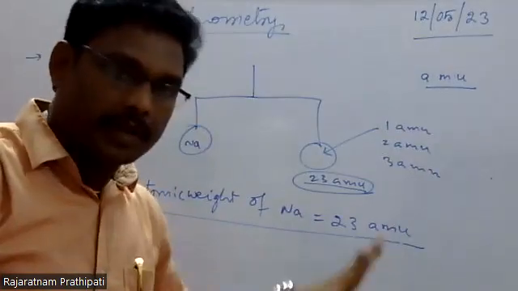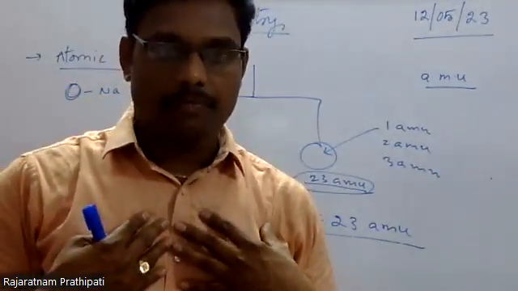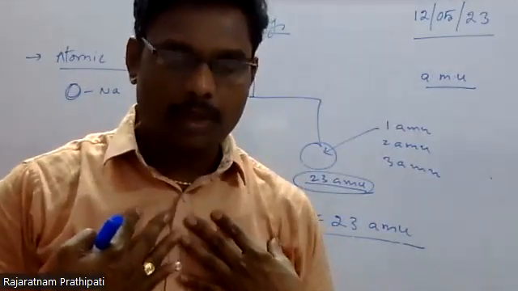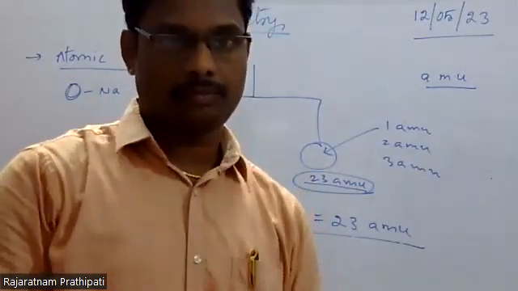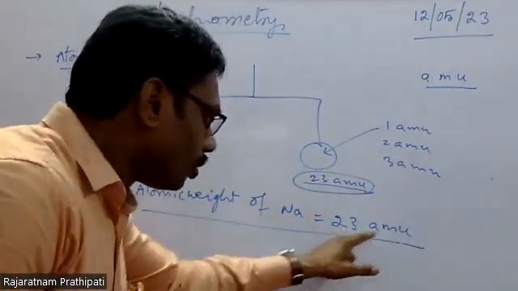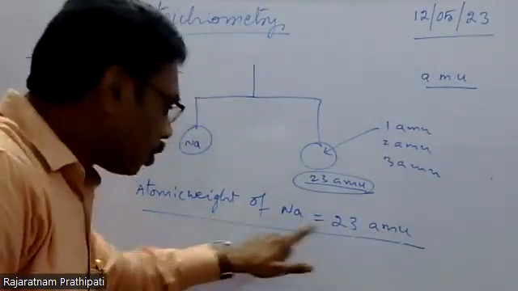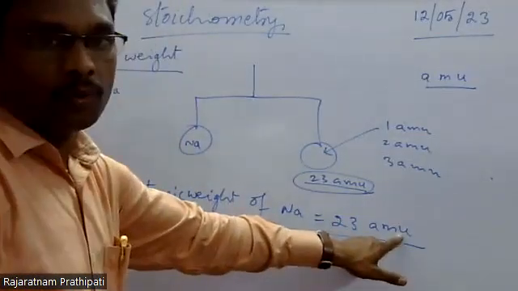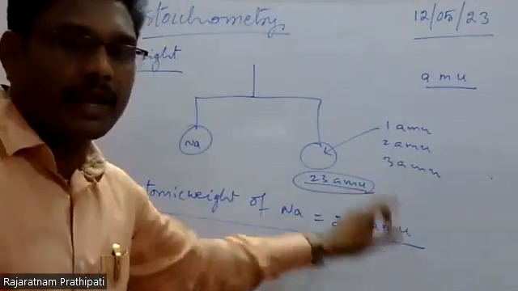For example, here my weight is 70 kg. What is the meaning? I am 70 times heavier than 1 kg. Okay, now similarly, here 23 AMU means what? One sodium atom is 23 times heavier than AMU. That is the meaning.